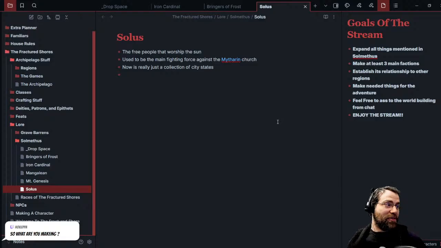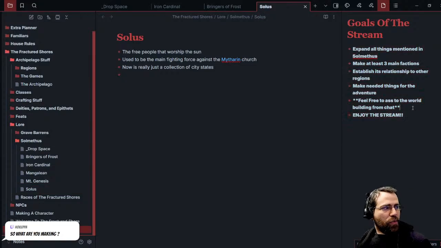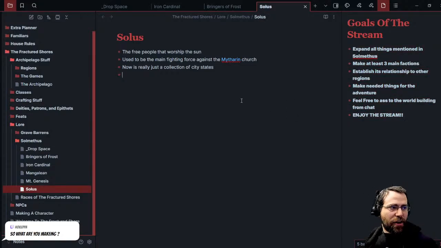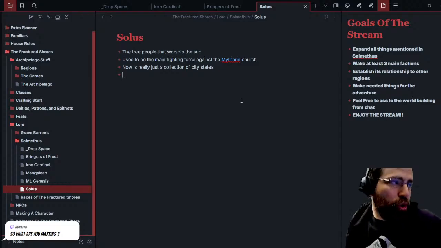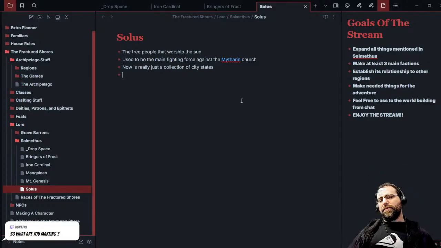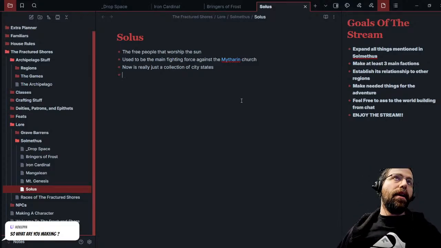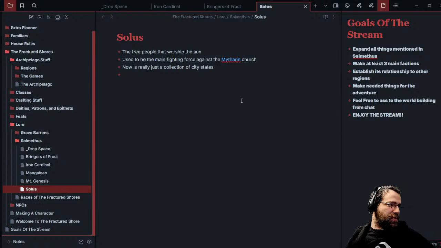So what are we making? So we're working on a couple of things here. This is just what I'm doing in general. I'm doing some macro level world building for the regions that are going to have my future games. Right now, I have two currently long-running games. They're affecting the world.